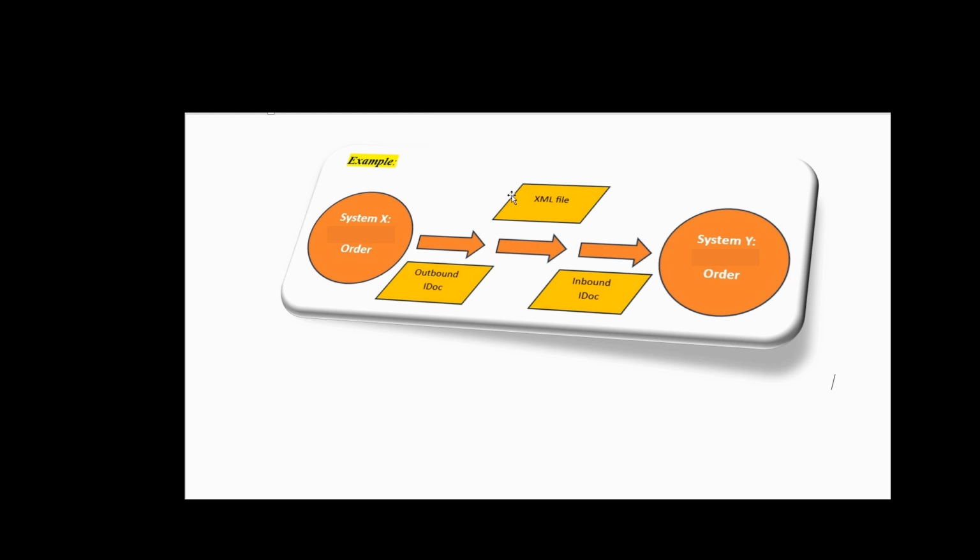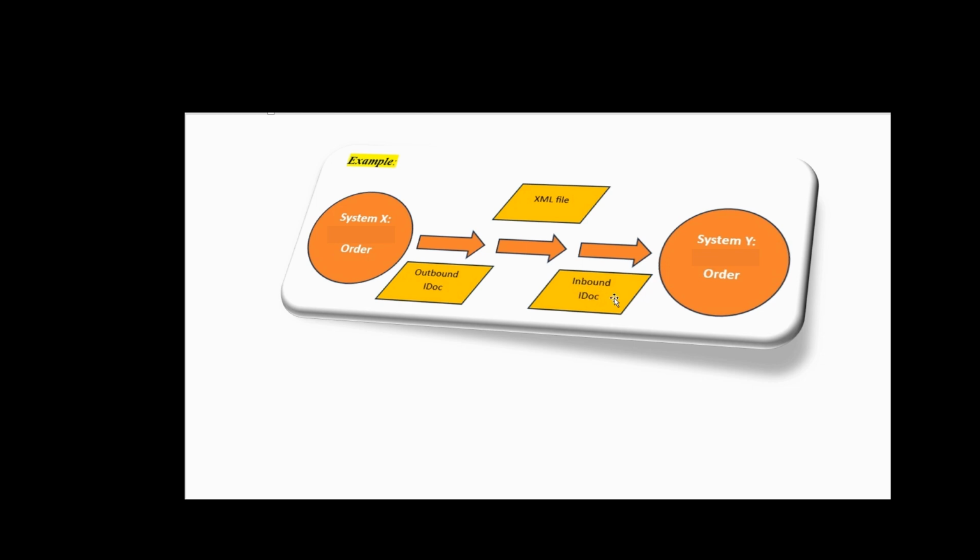Then the outbound IDoc will be converted into an XML file that will be exchanged to the port or to the system or the application of our partner, whether our partner is a vendor, a customer, or a governmental sector, for example, the taxation department in the government. And then the inbound IDoc will be generated on the other system.